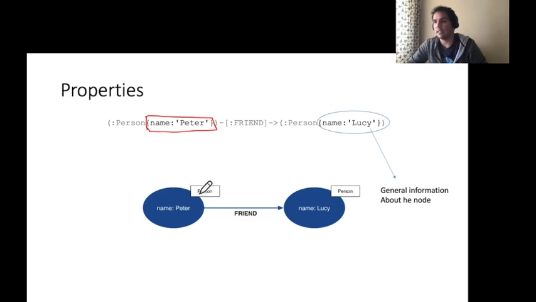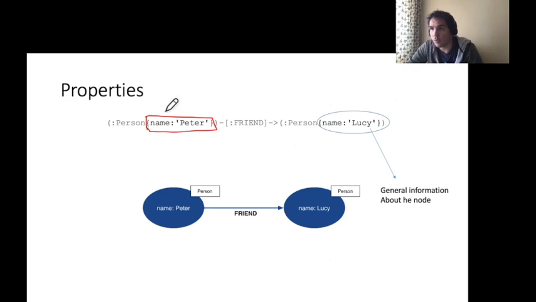We say type in order to have some similarity with a programming language, but here we say that this is the label, a person, and then inside that we can have additional information: the name of this person, the age, the salary, or any other information that we have.